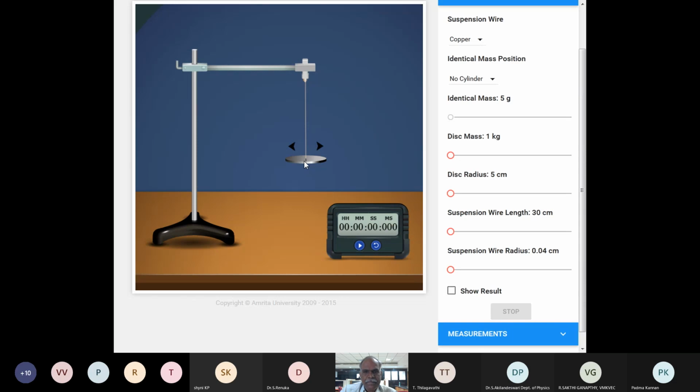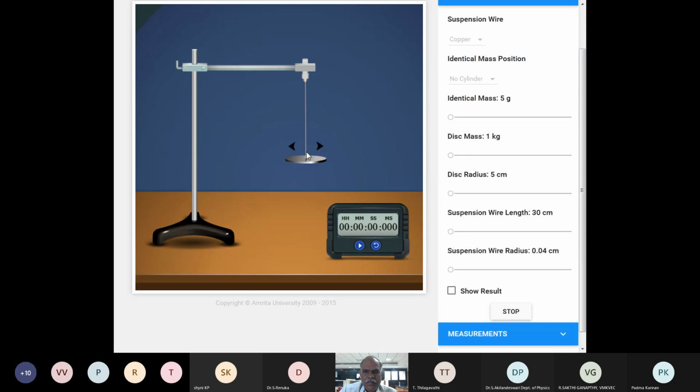When the mark comes to the left, we start the counting. It goes from left to right, then comes back to left. That is one oscillation.